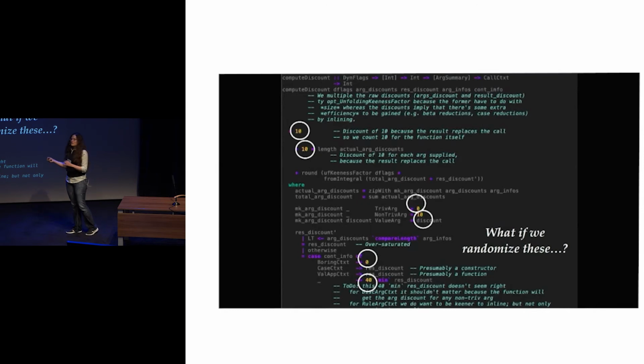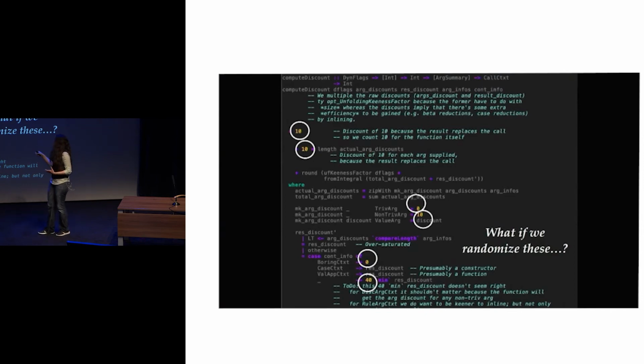So every time we see a function, we'll automatically give it 10 discount unit points because of what the comment is saying. And then we have another 10, so we subtract 10 times the number of arguments that the function is receiving, and it says discount of 10 for each arg supplied because the result replaces the call. And then further down, we have a few more magic numbers.